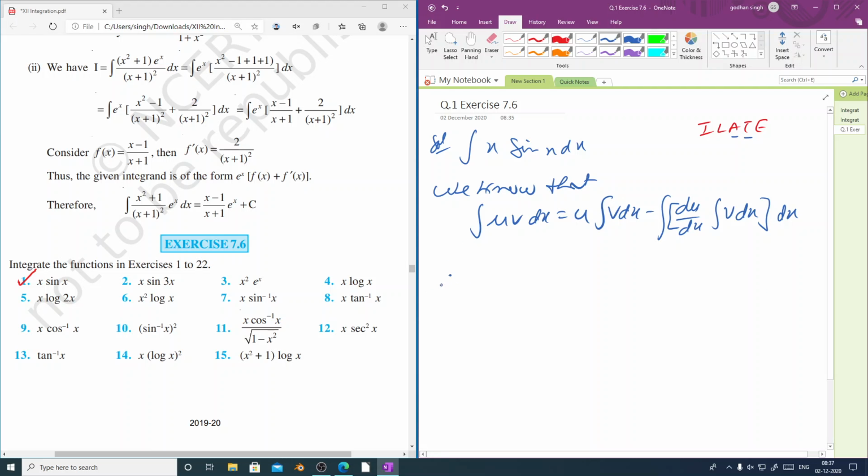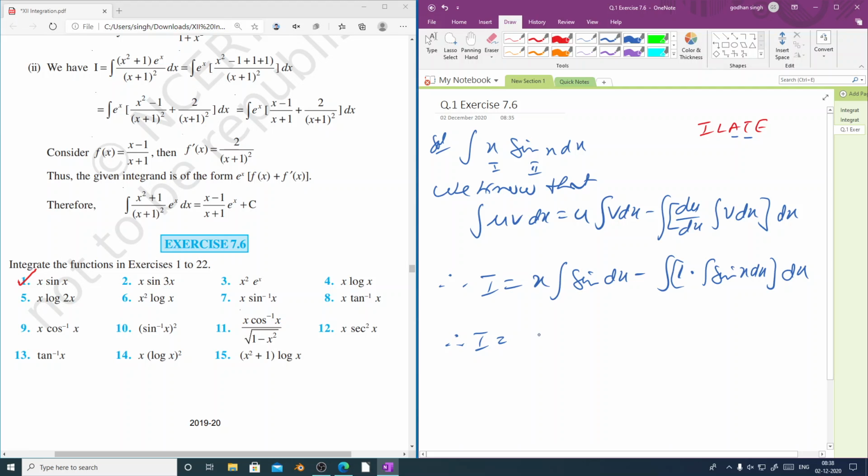So suppose this is I, therefore I equals, this is our first function and this is our second function, that is, this is u and this is v. So x integration of sin x dx minus differentiation of x, that is 1, into integration of sin x dx, and here of course dx is there.